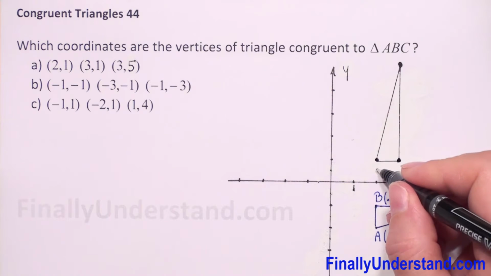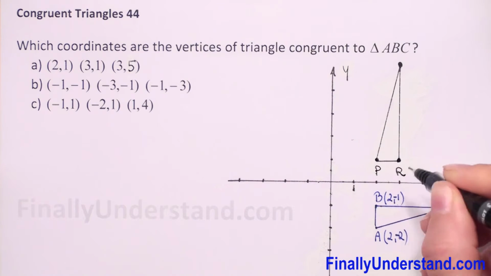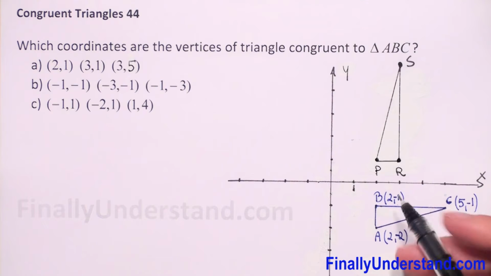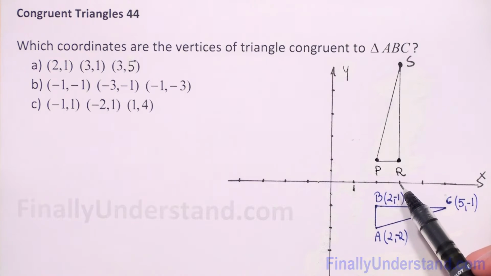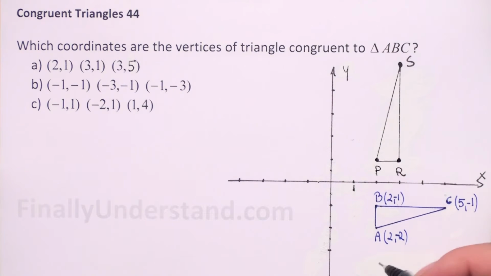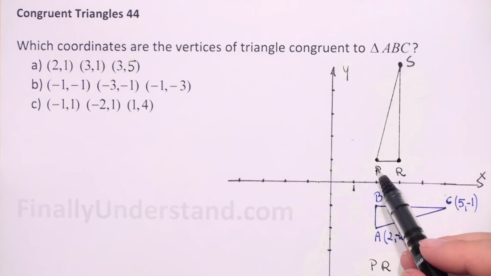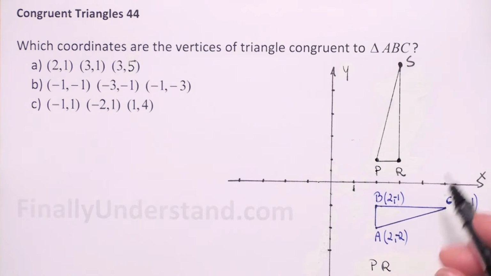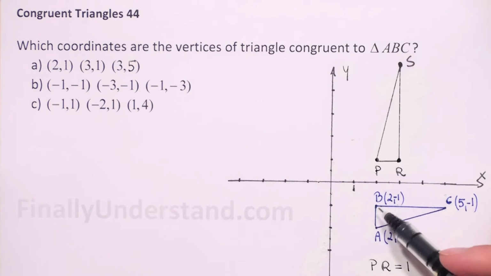Let's put that this is our P, R, S. First, let's find the side PR. By counting, PR has distance 1. So we can write that this is 1, and we see by counting that BA has also side 1.